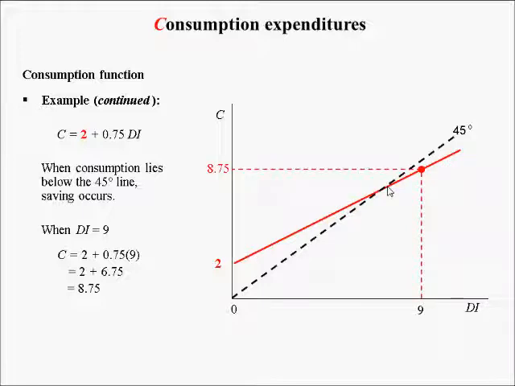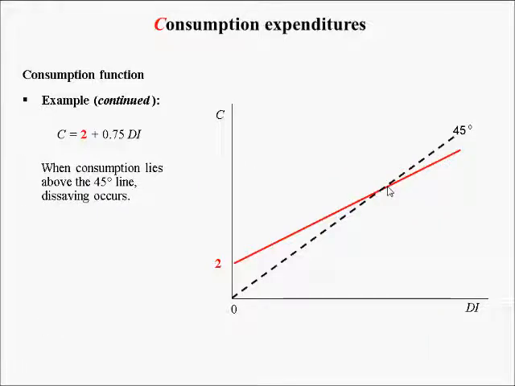So when we're on a point on the consumption function that is below the 45-degree line, the average consumer is saving, because aggregate disposable income minus aggregate consumption is positive. So there are more consumers that are saving than there are consumers going into debt.